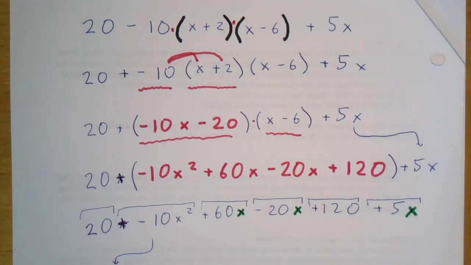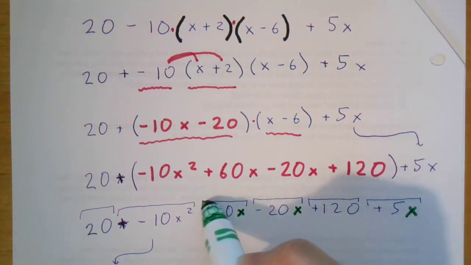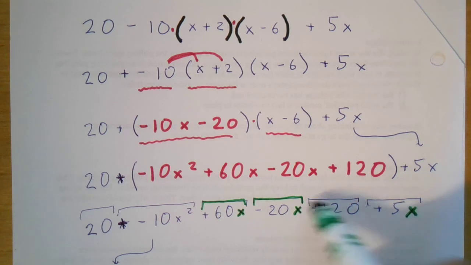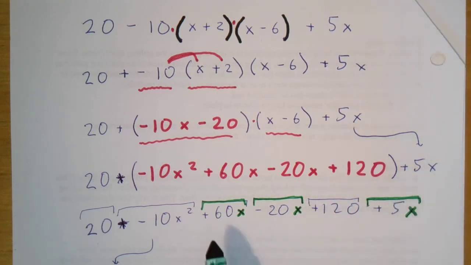So these three do. So I shall combine these three. Positive 60 minus 20 plus 5 becomes positive 35. And you write the variable afterwards.